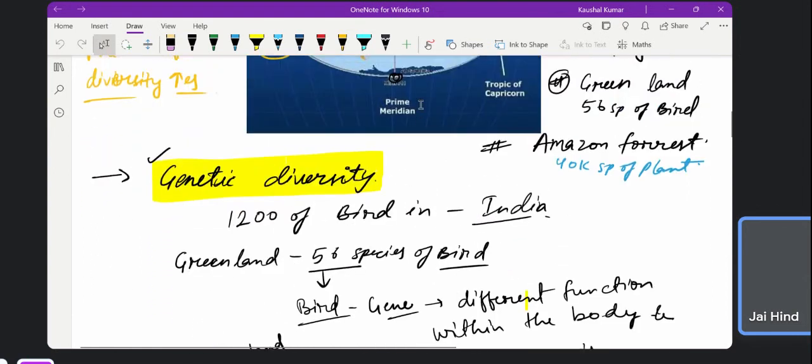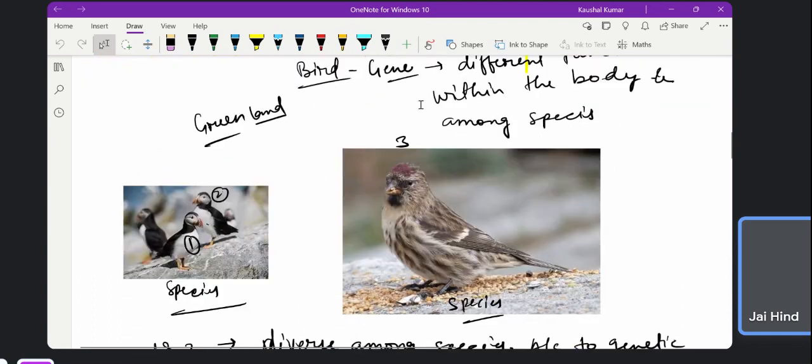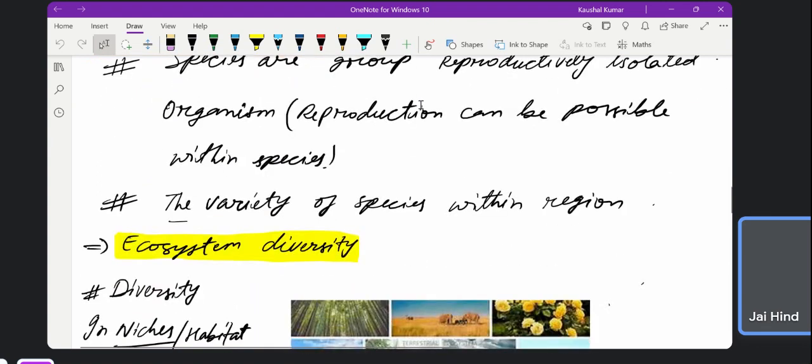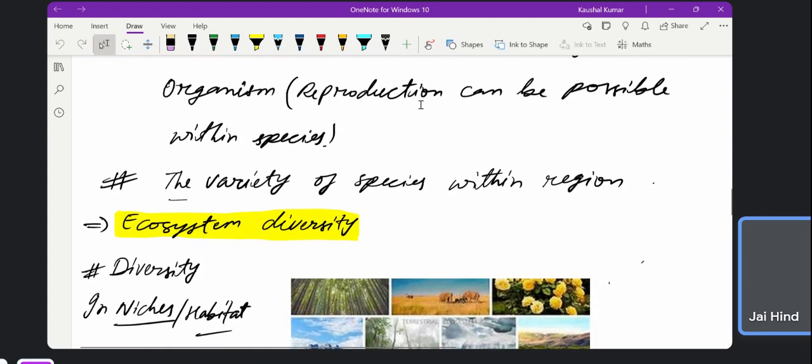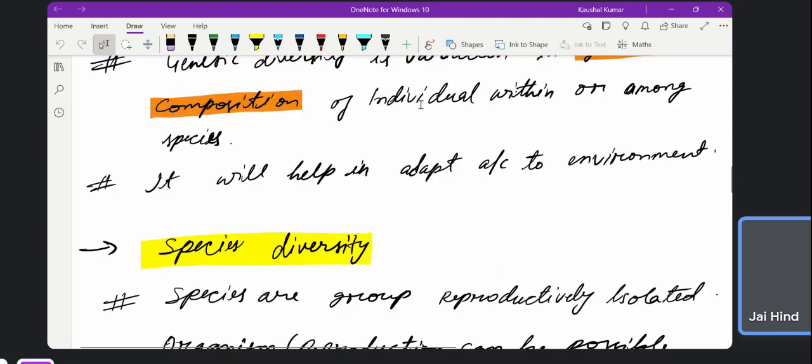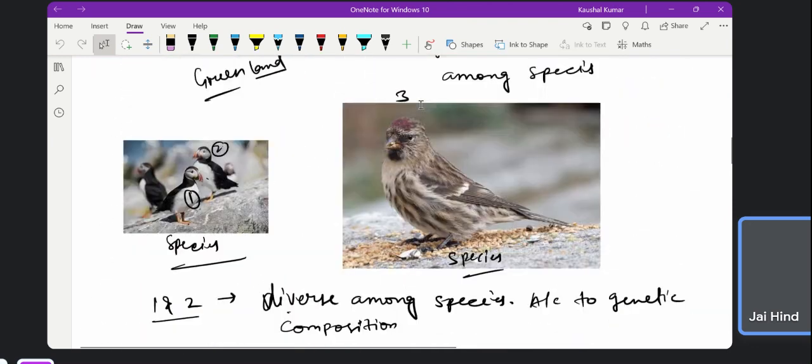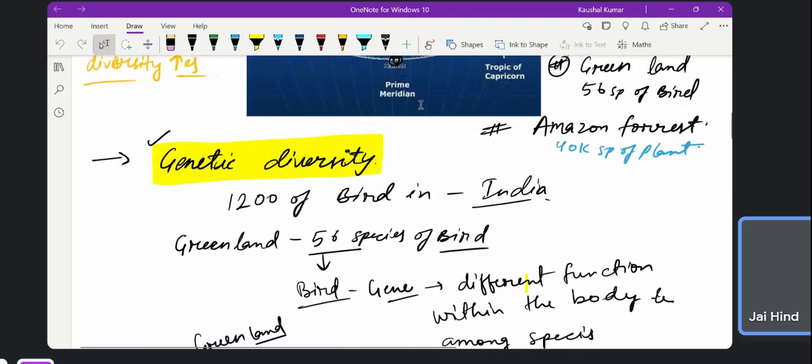We found the levels of biodiversity are genetic level, species level, or ecosystem diversity level. Genetic diversity happens within a species: each and every organ, like our eyes and lungs, differs from each other. That is one kind of genetic diversity.